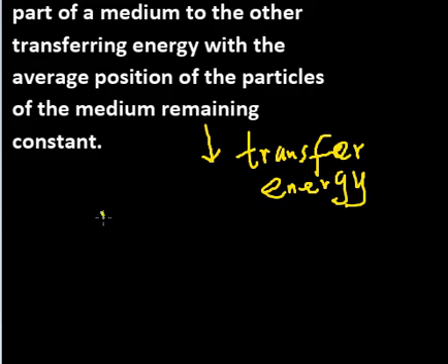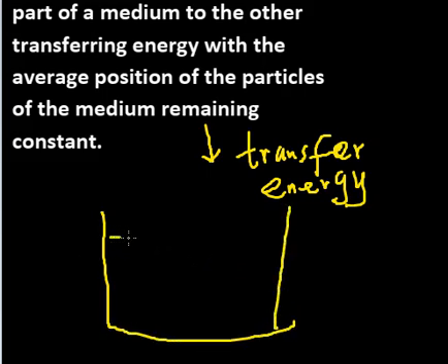For example, let's say you have a trough that has water inside of it, and of course the water is horizontal. It's not disturbed, there's no ripple. Now you touch one part of the water inside the trough.